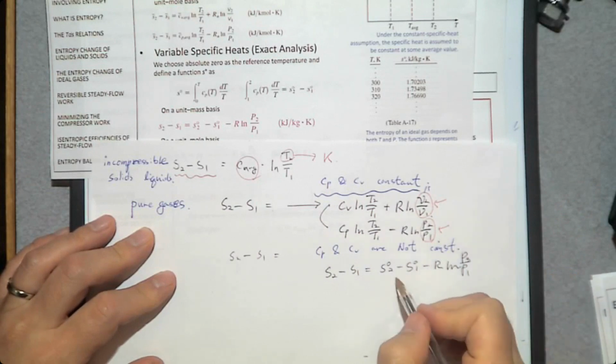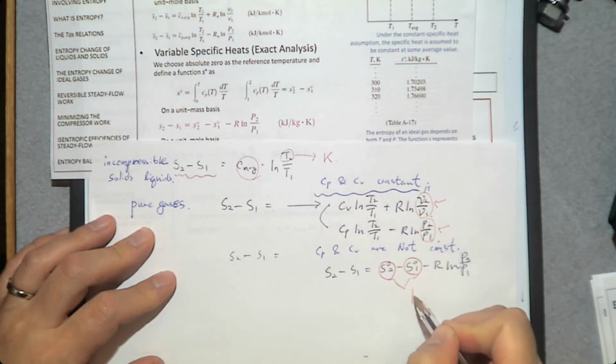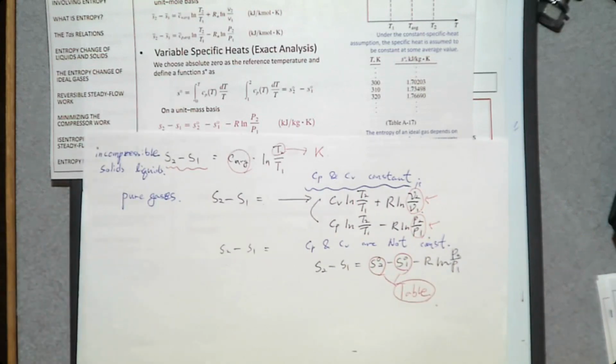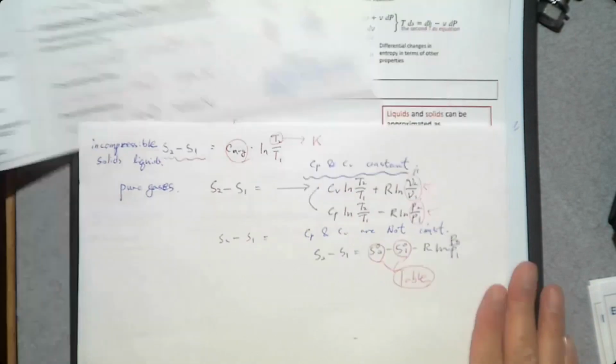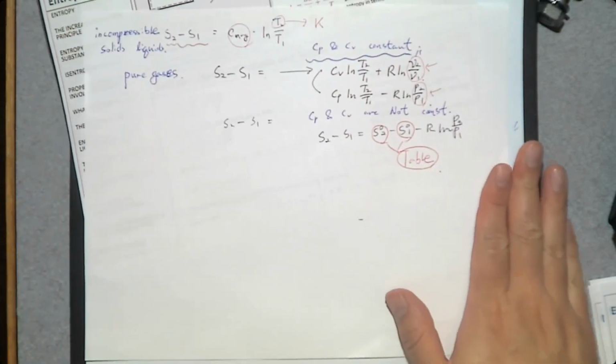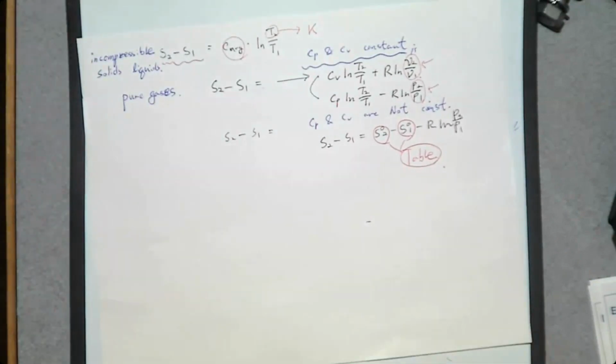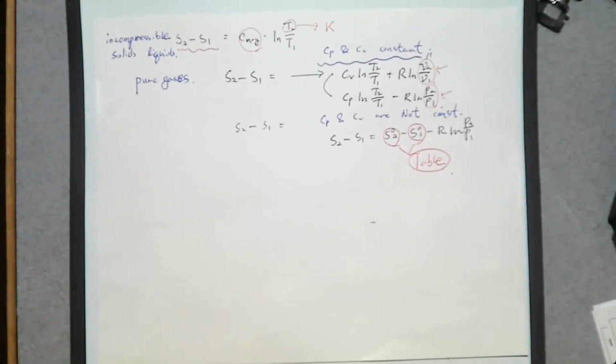And these can be found from a property table. Okay? So these are how we evaluate the change in entropies. These are the things that you need to write down on your formula sheet so you can use them in an exam.